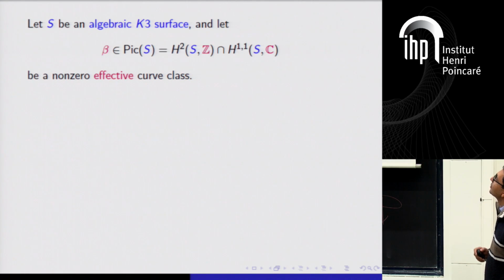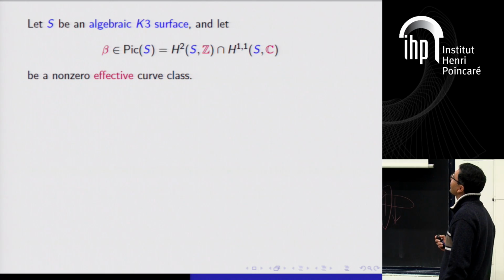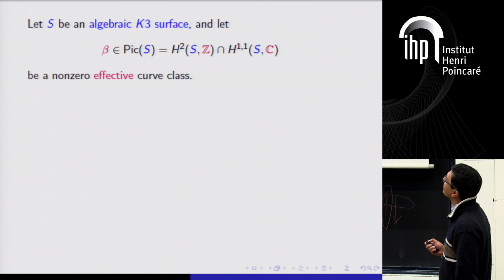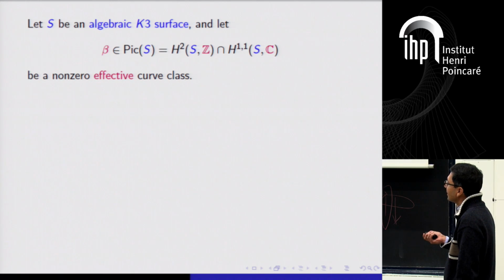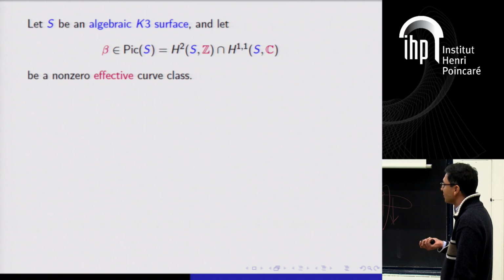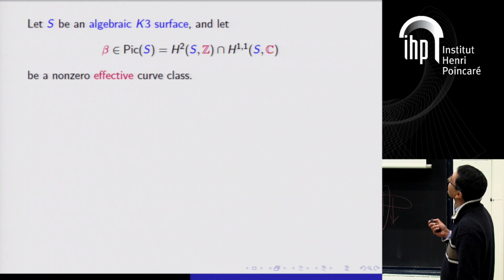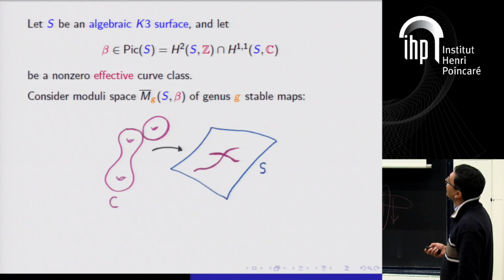OK, so we come back now to our K3 surface, and we look at some class. This is the class that the rational curve will have. And you have this moduli space of maps. These are maps from higher genus curves to the surface, a certain moduli space of stable maps.